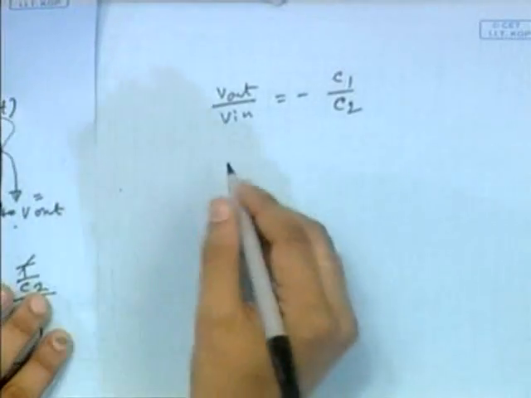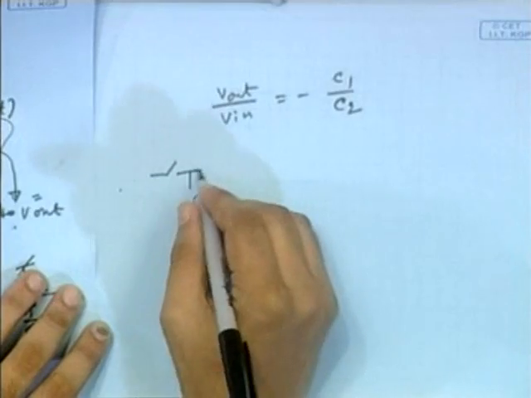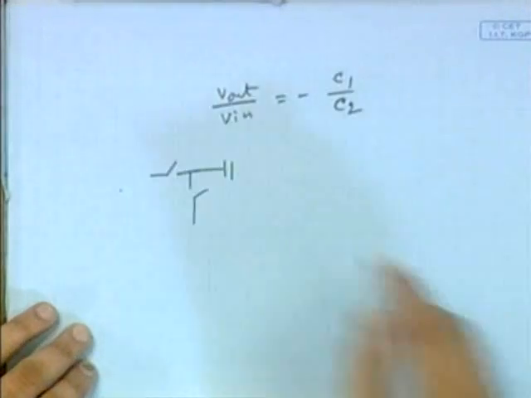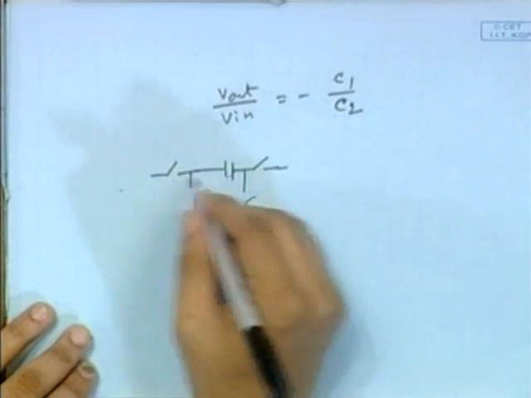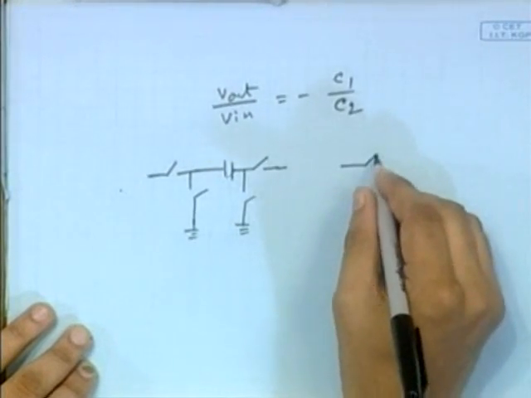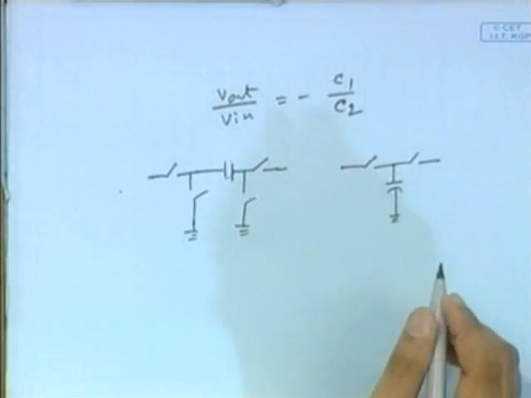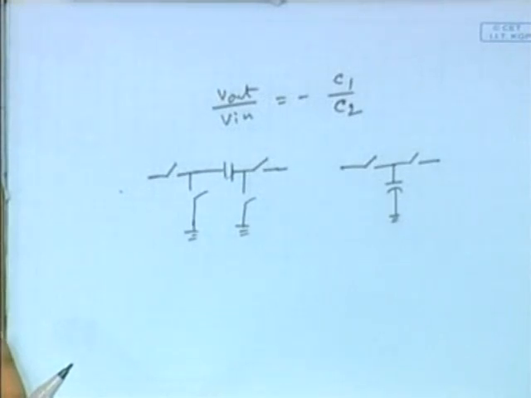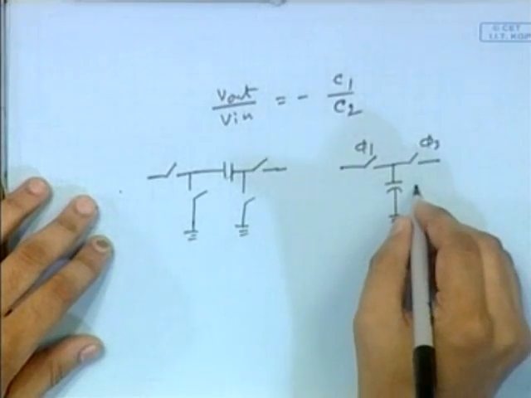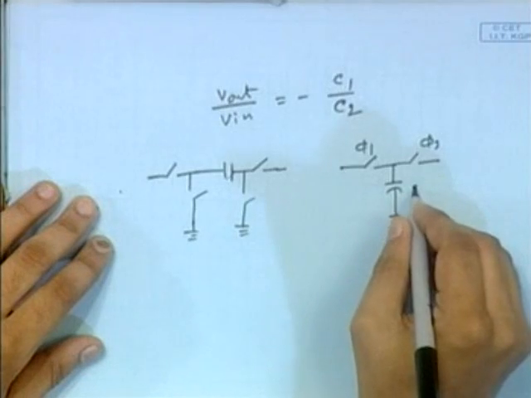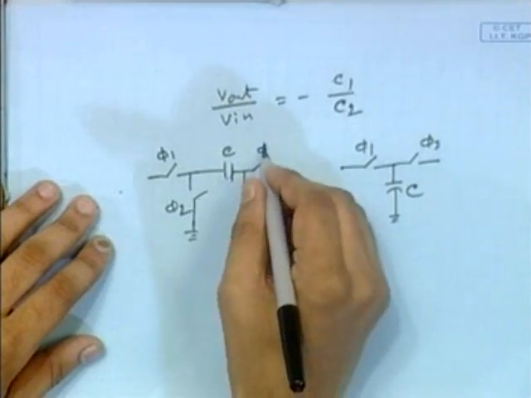To remove this type of problem, we have another type of switch capacitor circuit technique. That is phi 1.